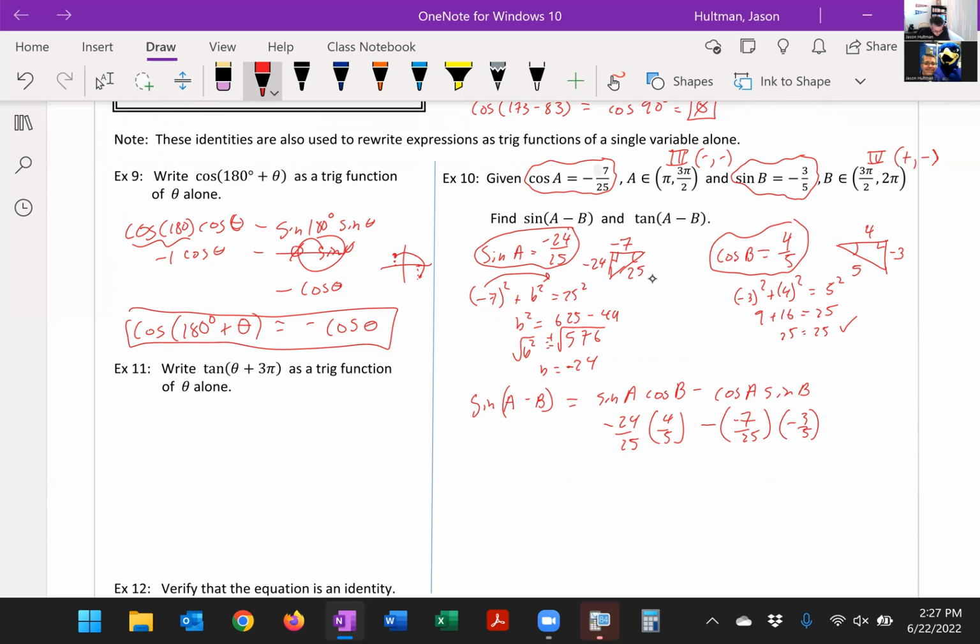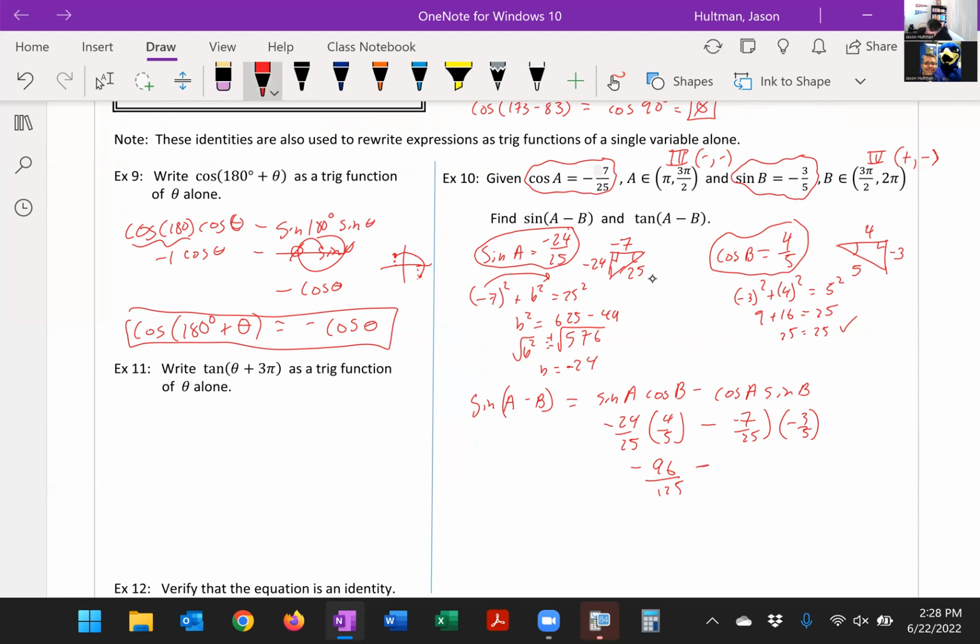So 24 times 4 is 96. So this is 96. 25 times 5 is 125. Okay, this is 3 negatives. Well, the negative 24 times 4, that's a negative 96. But if we look here, we've got a negative, negative, negative. That's 3 negatives.